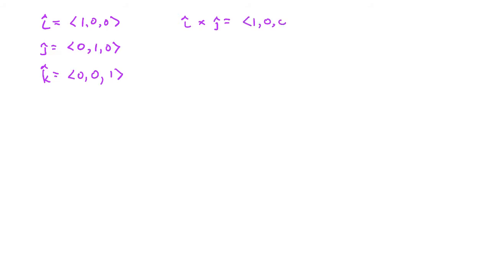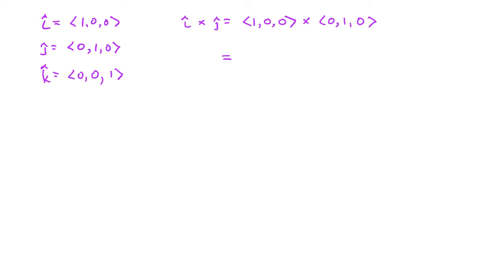We have our vector i having components 1, 0, 0, our vector j having components 0, 1, 0, and our vector k having components 0, 0, 1. Well, a straightforward calculation just shows that if we do i cross j, then that's going to give us 1, 0, 0 cross 0, 1, 0.